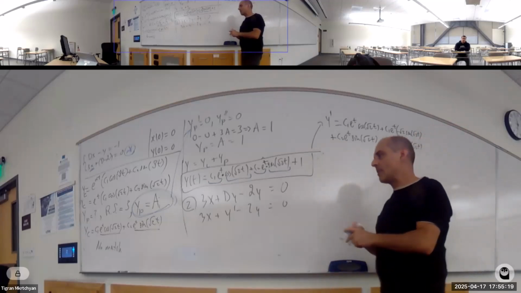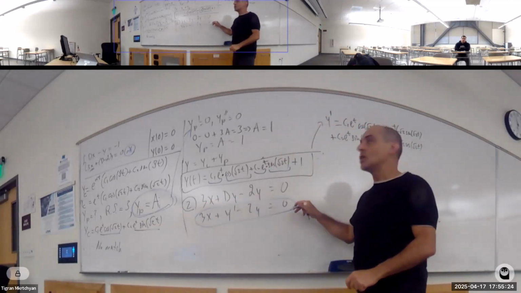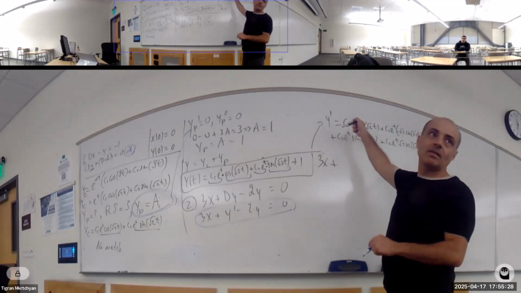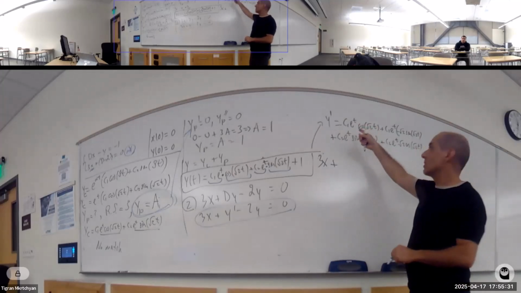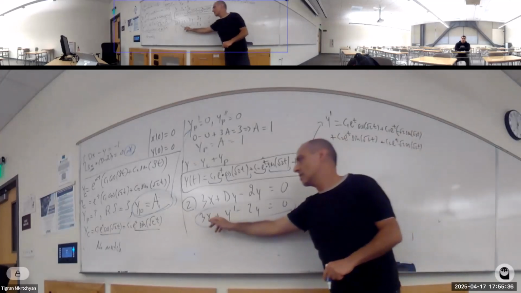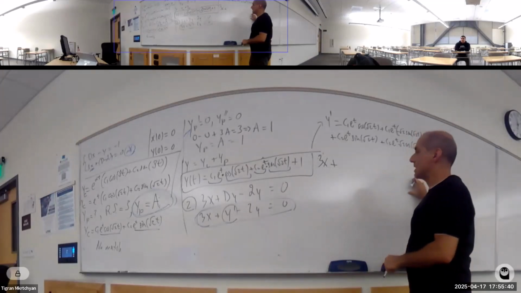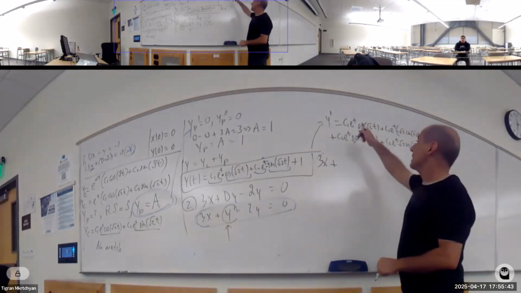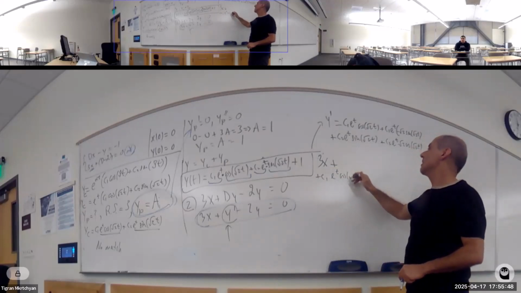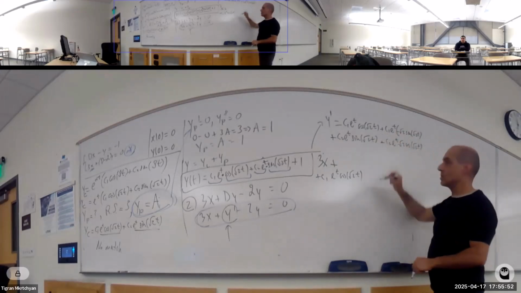I'm going to plug that in here, so I have 3x plus that. So now let's rewrite that. This y prime goes here, second term. So that's C1 e to the t cosine root 2t. I'm just going to move this number in front.